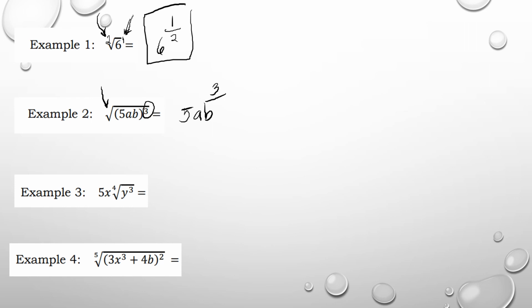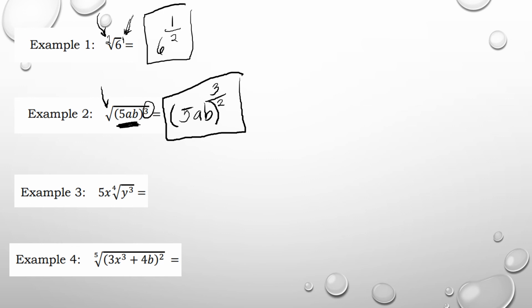Okay, since it is invisible yung index natin, that will be considered as 2. So, don't forget the parentheses kasi nakaparentheses siya sa loob ng radical. So, that means our final answer is the quantity of 5ab raised to 3 halves. Okay?